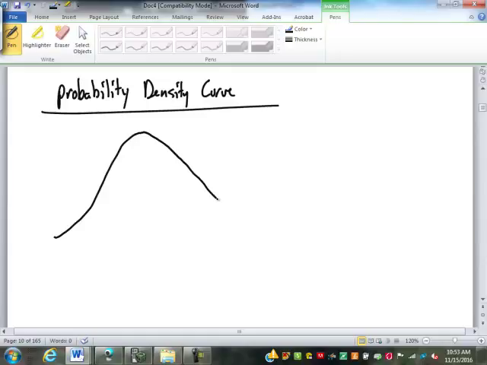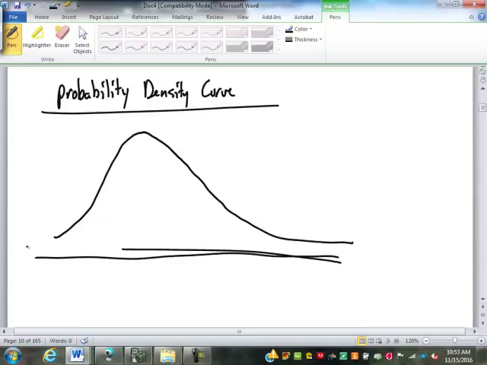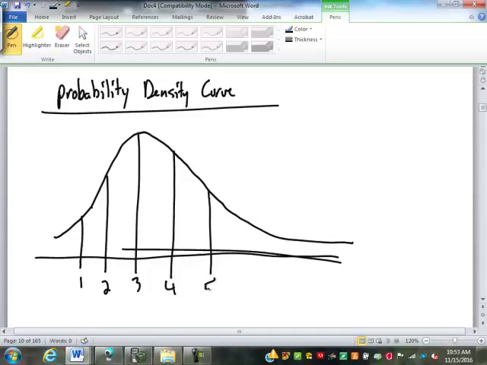It's kind of like a bell curve, but maybe skewed a little bit. And remember, the area under the curve is always equal to 1. And let's put in some values here. I'm just going to do 1, 2, 3, 4, 5, 6, whatever.